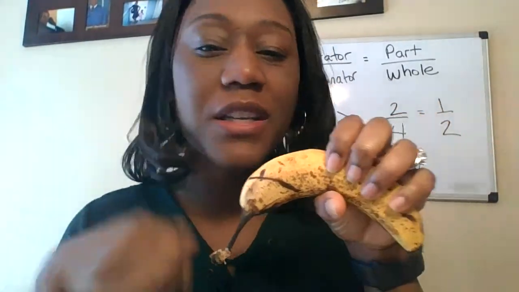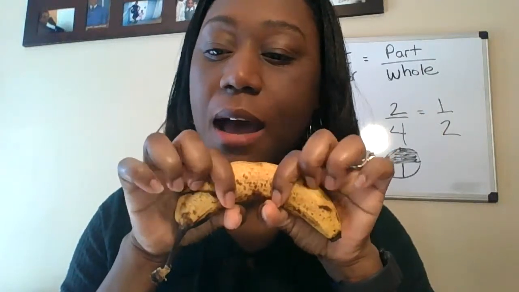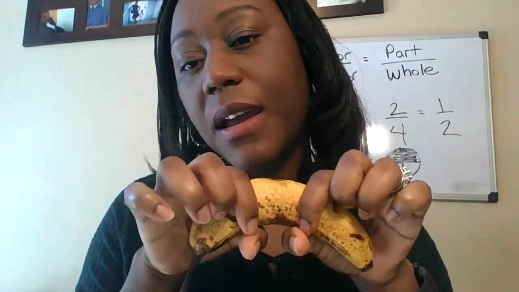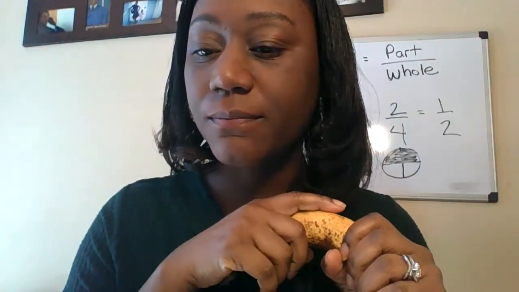Good, I see Valeria saying 2. What if Christian came along and said, oh, I want a piece. So now I have to split it into how many? Because there's no longer 2 of us. Now my denominator becomes what? It's me, Valeria, and Brian. What's the denominator? 3. Good.